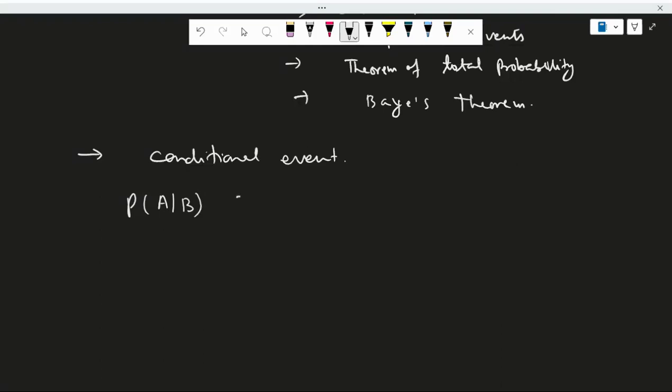And this is equal to P(A by B) equals P(A intersection B) over P(B).